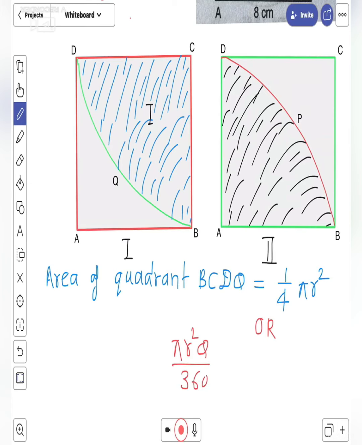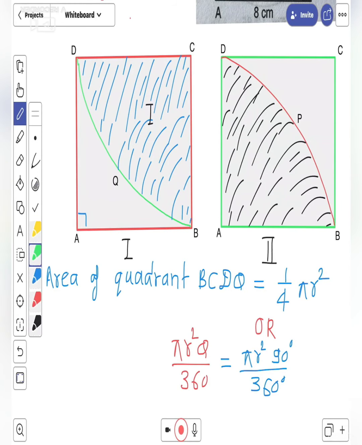But dear, keep in mind that this is the origin and this is the intersection of two axes. So each angle of this square is 90 degrees. So when you put the value of 90 degrees, then you will get pi r square 90 degrees divided by 360 degrees, and you will get how much?